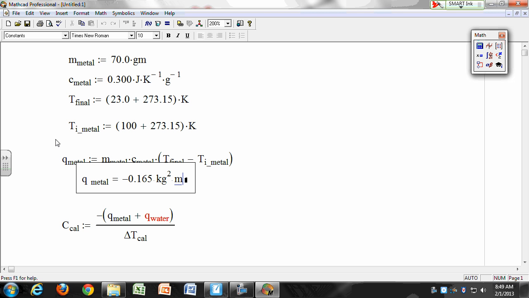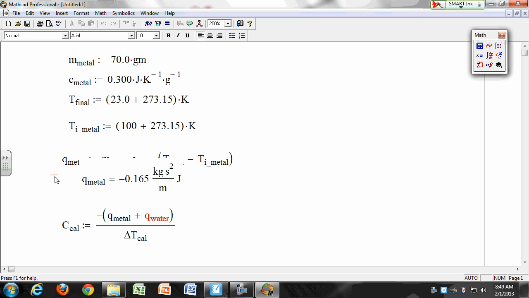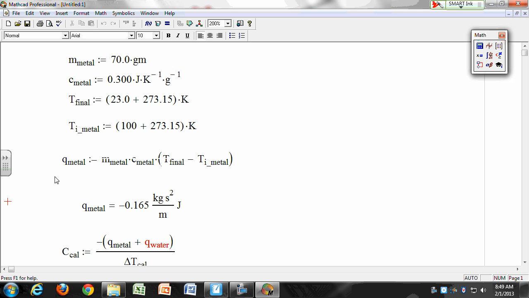Oh, we don't know what C is. We do know mass, metal. Okay, it should be in joules. Okay, your units are not consistent. What happened here? C metal, yeah, G, not GM. Oh, okay, see. That should be gram, not G. Yeah, gram. There, that's the right unit now.